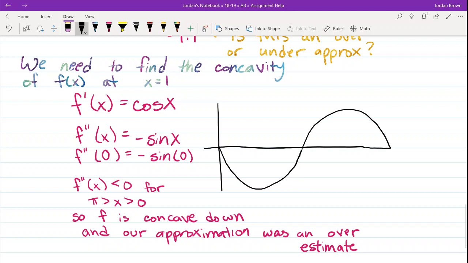Okay, so this is f double prime of x equaling negative sine of x.